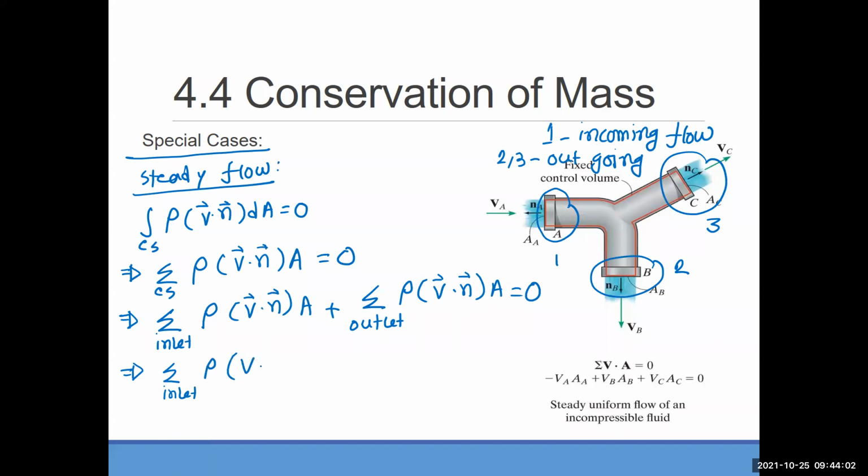Rho V n cosine theta A plus, outlet rho V n cosine theta A equals 0. Okay. Why did I write down V n cosine theta? This is the dot product, right?